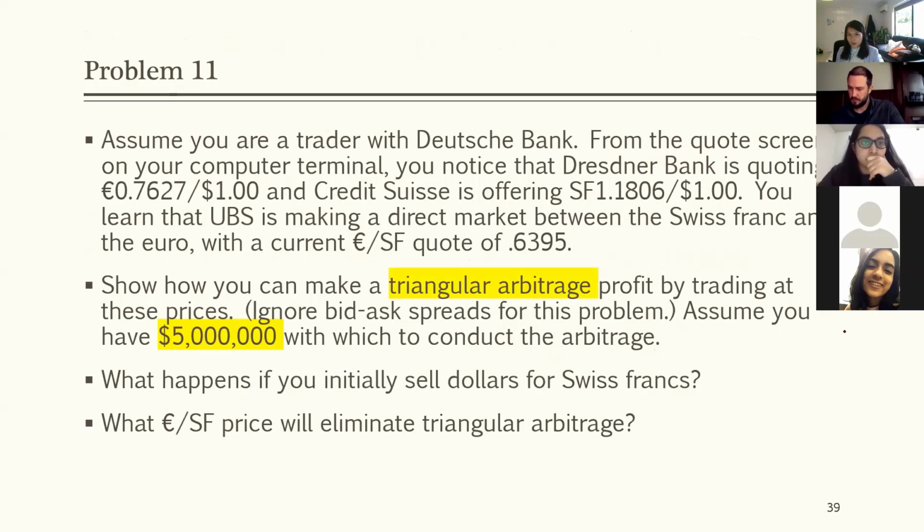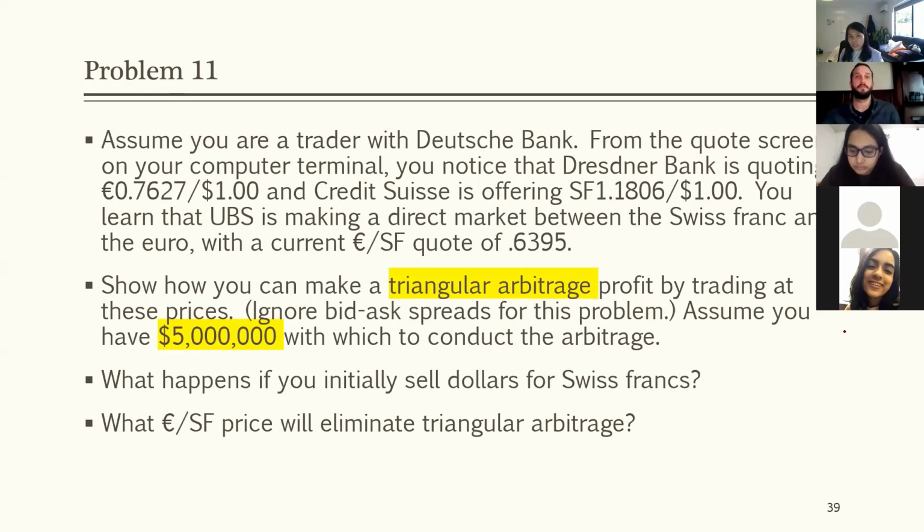Okay, what is this here? So in this case, the problem is similar to before. The only thing that is different is the way the question is framed, okay? So here you've got a trader with Deutsche Bank, and from their screen, they can see the prices of another 3 banks.